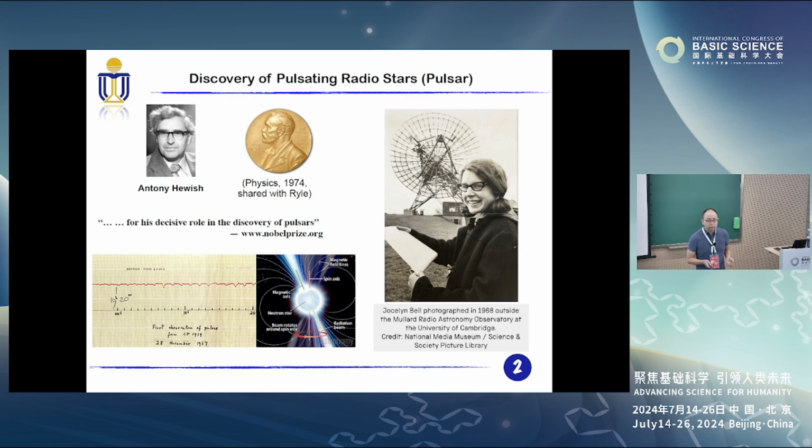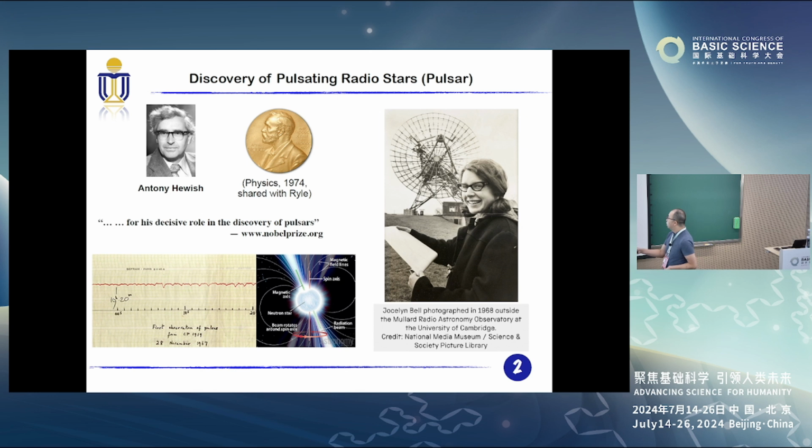But now we know these data are just signals generated by the remnants of stellar evolution. We know pulsars have important scientific value.